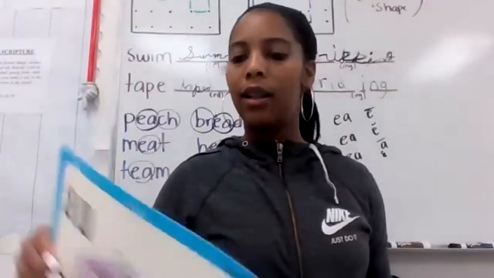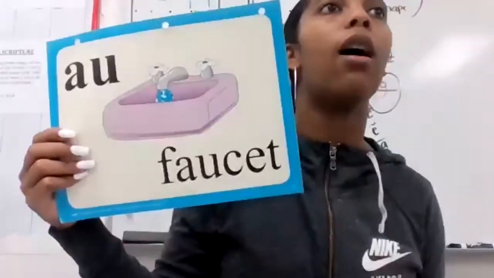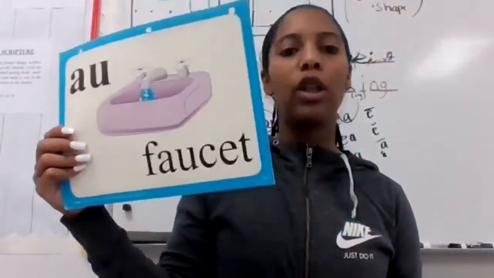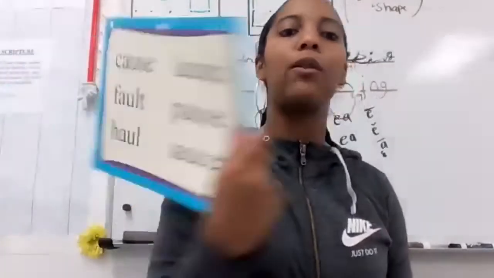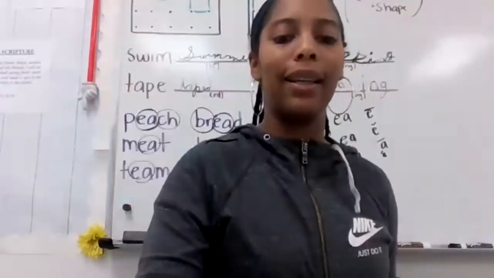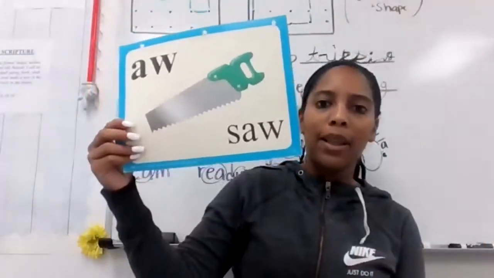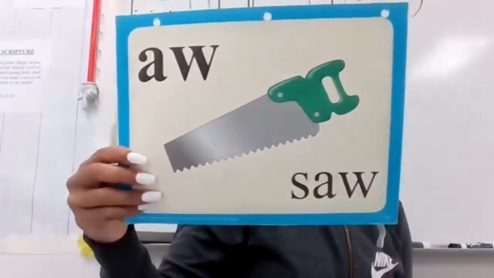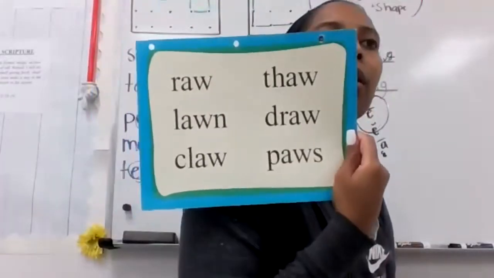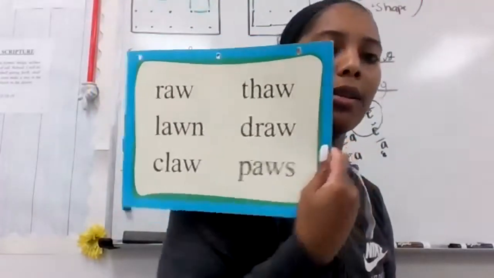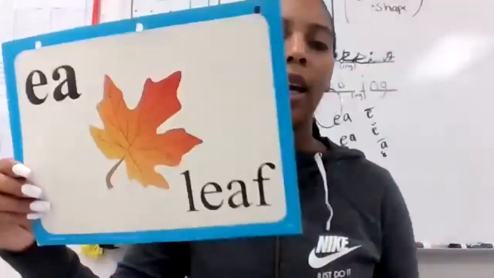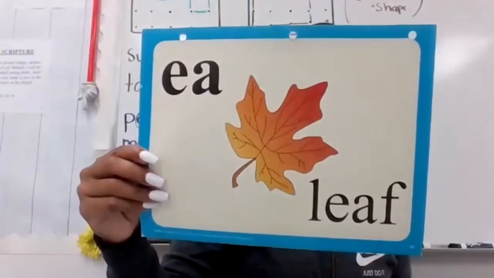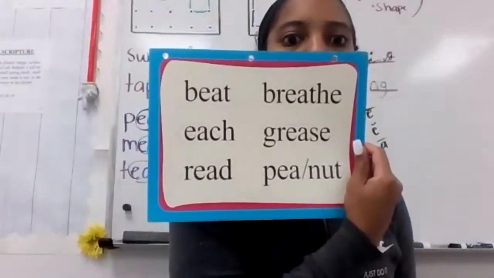Circus. Next one, AU says in faucet. If you're watching a movie and you have to stop it for a second, you want to pause it. Next, AW says in saw. This is what crabs have. Paws. EA says E in leaf. This is what we do with books.